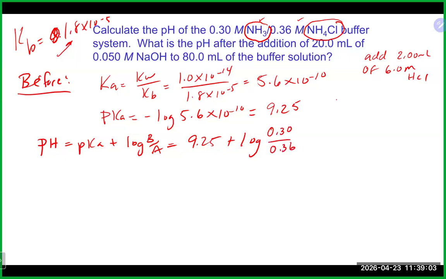Once again, our buffer components are NH3 and really NH4 plus. These are really the active parts of the buffer in this case. This obviously being our weak base and its conjugate acid. Again, as we talked about, the acid should have one more H plus than the base, right? So it's able to give it away if it needs to. And again, that's the way you can recognize it.